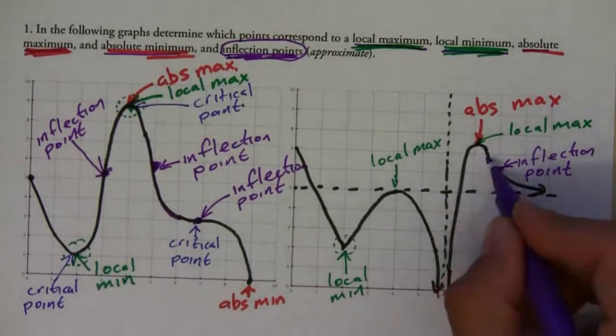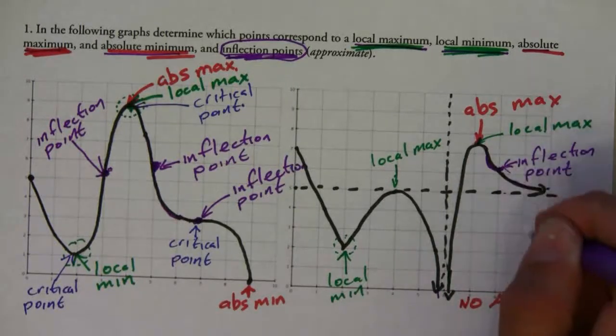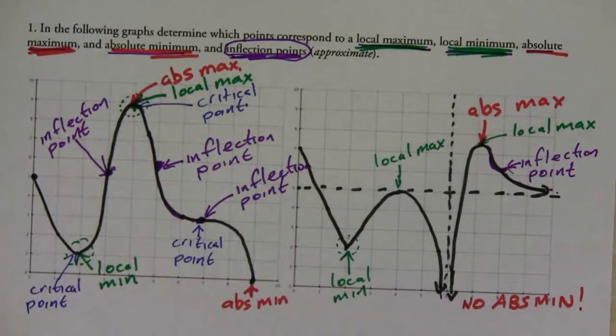Because it's concave down, and then all of a sudden it becomes concave up, and it's hard to see, but it has to become concave up, or else it would not have a horizontal asymptote right here. And so that's what all of these local maximums, minimums, inflection points look like.